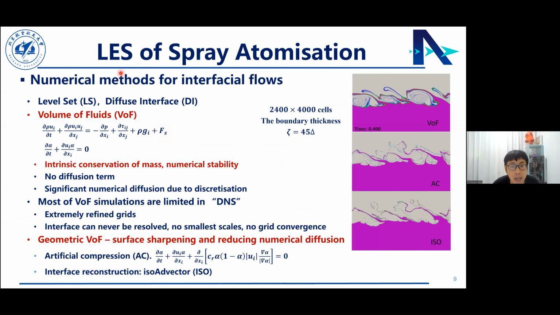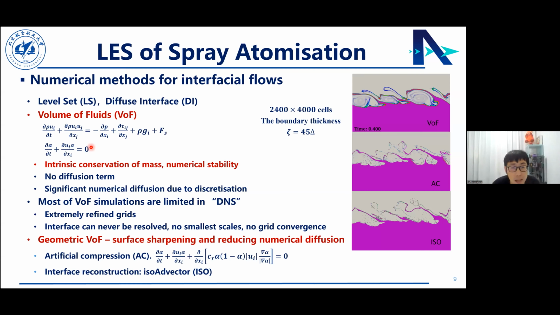But it has shortcomings. One shortcoming is the volume fraction transport equation. It has no diffusion term, only a time derivative and a convection term, which means we shouldn't have alpha between 0 and 1 for the physical meaning of this equation.